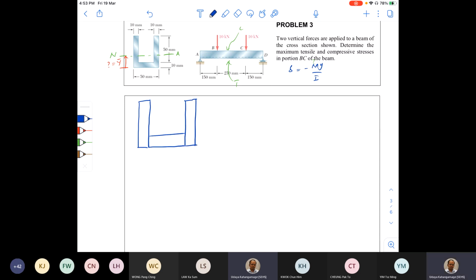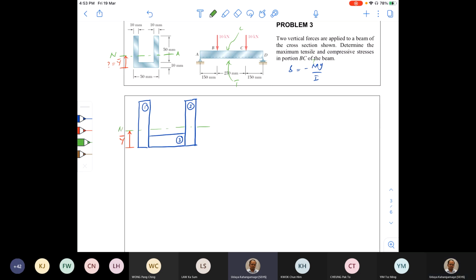And then I'm going to mark this one as 1, this one as 2, and this one as 3. 3 sections. My target is to find out the distance to the centroid. Our neutral axis is going to go through the centroid, the distance Y bar of the section.